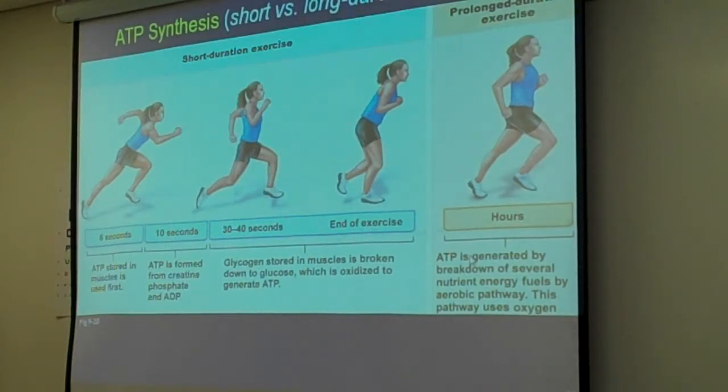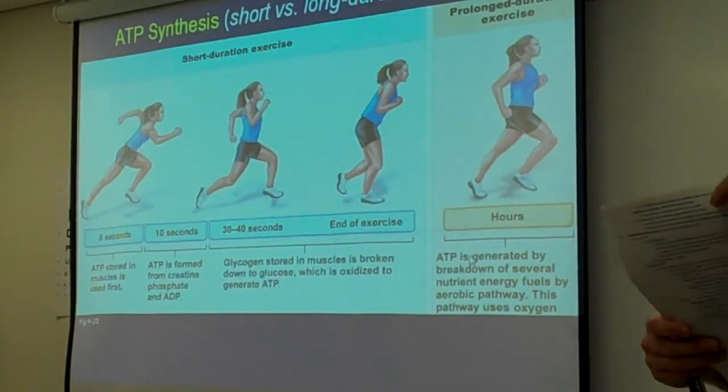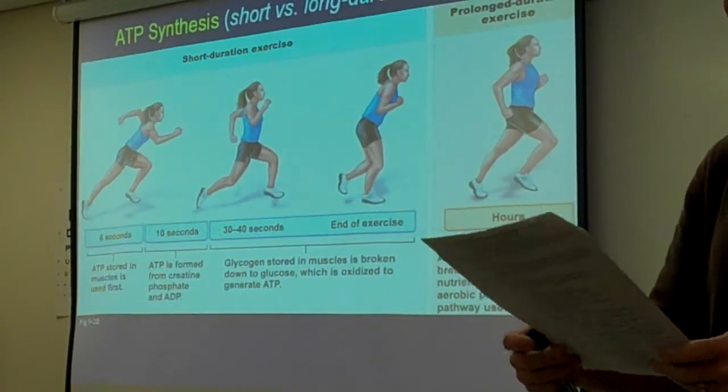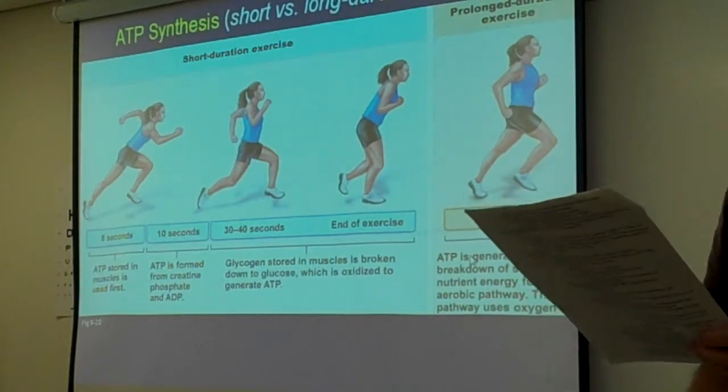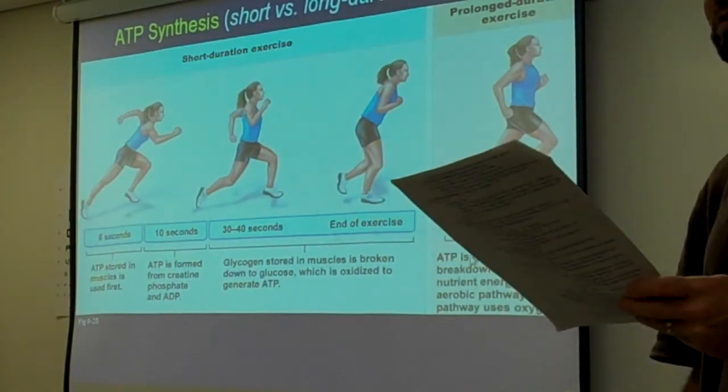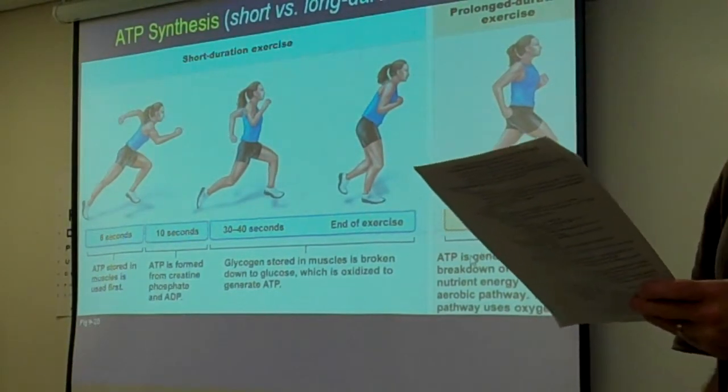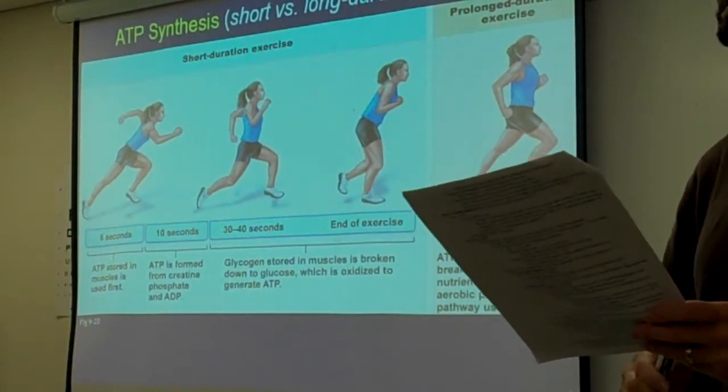So a lot of what we've just covered is going to come up again. The skeletal muscle fiber types is a way of classifying muscle fibers. When we say slow twitch or fast twitch, we're classifying based on speed of contraction.